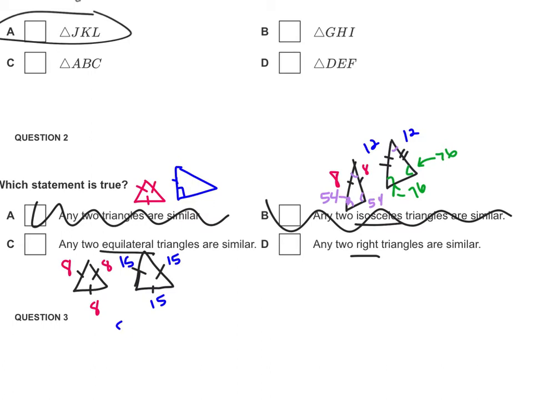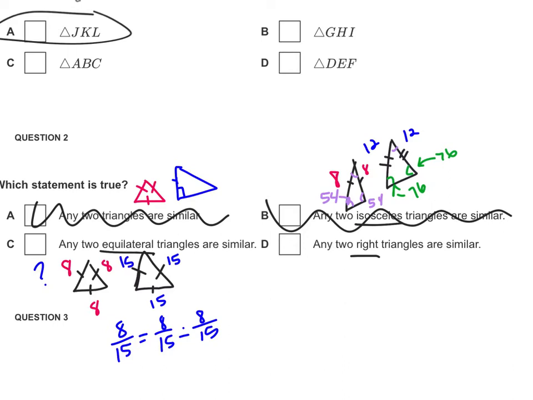If I were to set up my proportions, 8 over 15, 8 over 15, and 8 over 15, they would always be proportional. Again, it doesn't matter what the side lengths are, because when you compare your two sides between your two triangles, they will always have the same proportion. So here, this is a very strong maybe, but let's check option D.